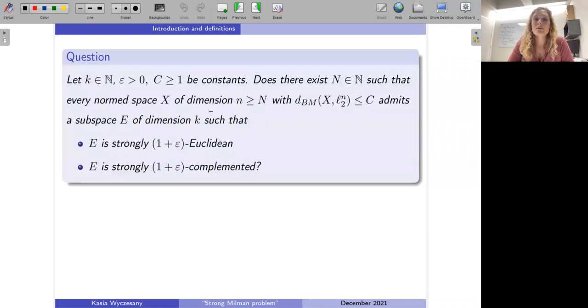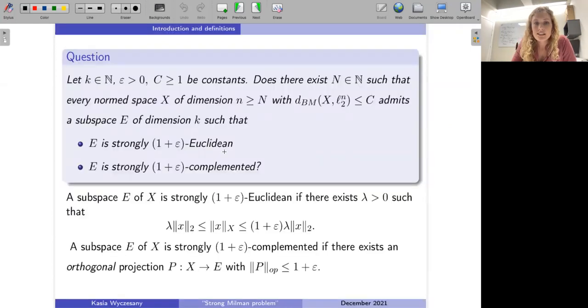But anyway, our strengthening of the question is that I'm looking for a subspace E which is strongly 1 plus epsilon Euclidean. I mentioned already that this means the linear map T is a multiple of the identity. So E is strongly 1 plus epsilon Euclidean if there exists lambda such that the norm of x is between lambda times the L2 norm of x and 1 plus epsilon times lambda times the L2 norm of x, for all x in the subspace.